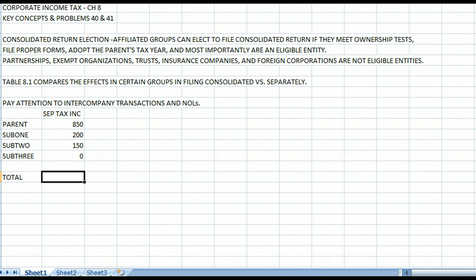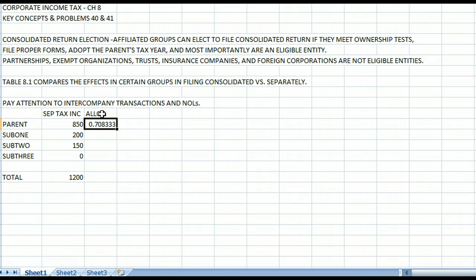Okay, so we're going to come down here. We're going to do an autosum. And when we sum all these together, we come up with a total taxable income of $1,200. Now we want to do our allocation rate. The way we're going to allocate is to say 850 divided by 1200.